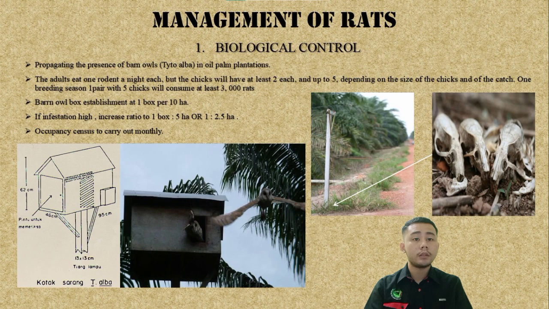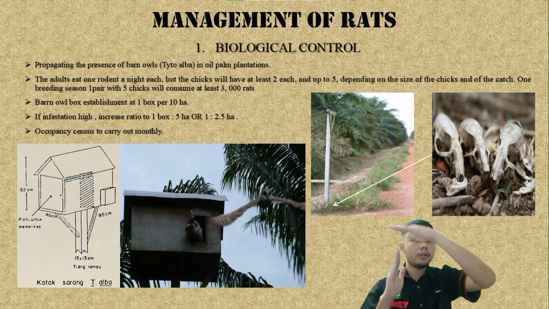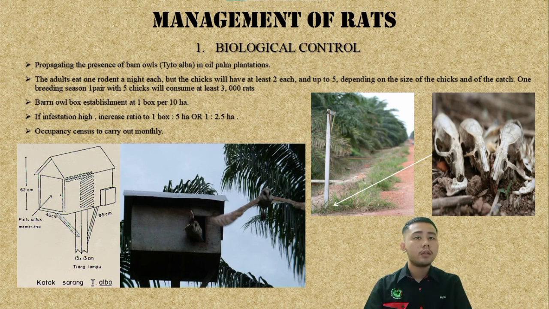The perching stand is where the barn owl box is installed. The birds will be dropping from the barn owl box, and you can also see a picture of the rat skulls underneath the perching stand.